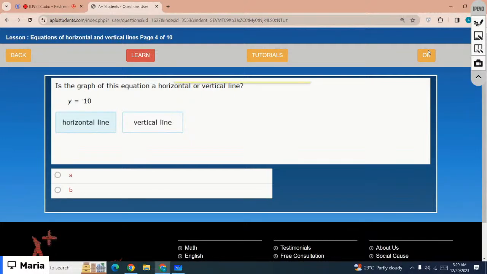Is the graph of the equation a horizontal or a vertical line? Which is the correct option? The equation given is y equals -10.